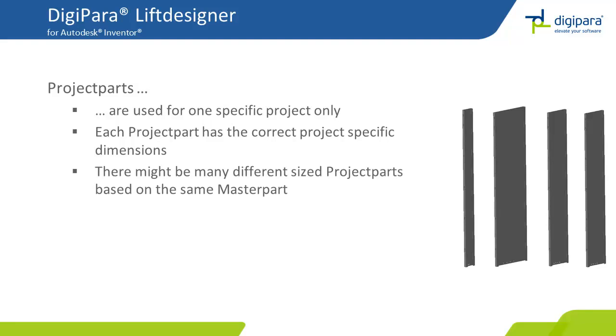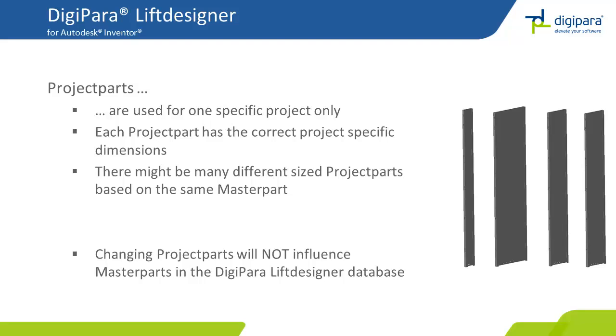You might have different sized project parts based on the same master part. Changing a project part will not influence any master part in the DigiPara Liftdesigner database. It's very important to understand that everything you do in a project does not influence the database, and the opposite.